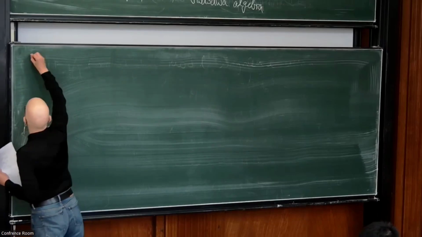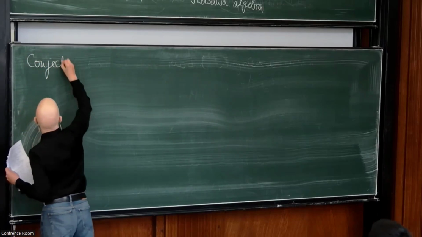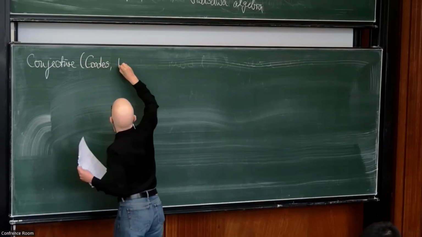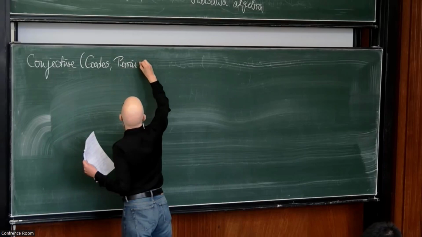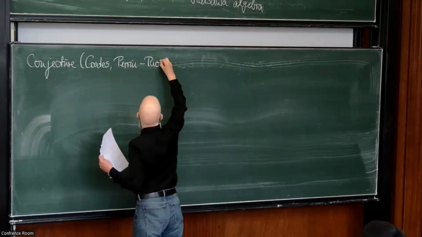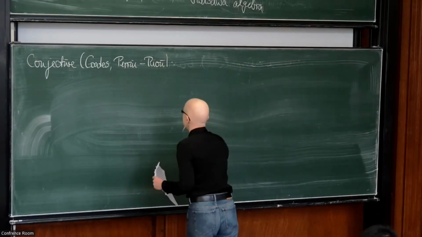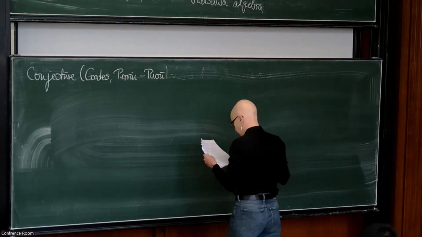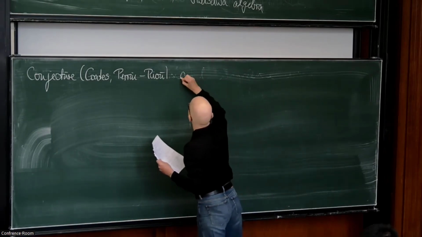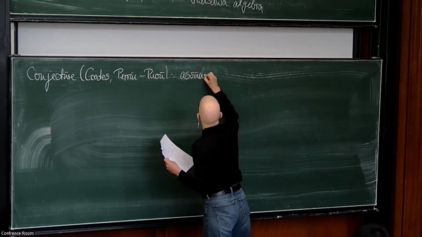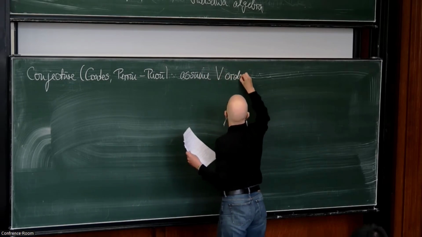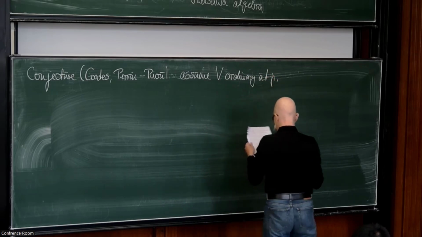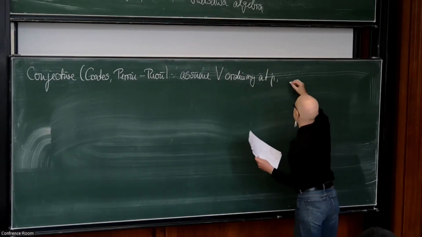So let me state it in the following form. We have the conjecture due to Coates and Perrin-Riou. Assume that V is ordinary at p. One can actually weaken this assumption, but for simplicity, we assume V is ordinary, and that L(V, 0) is a critical value.